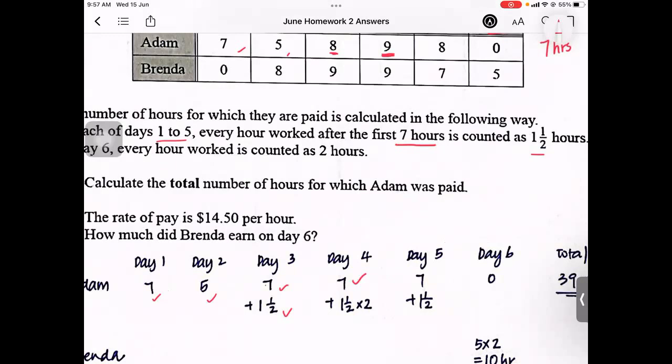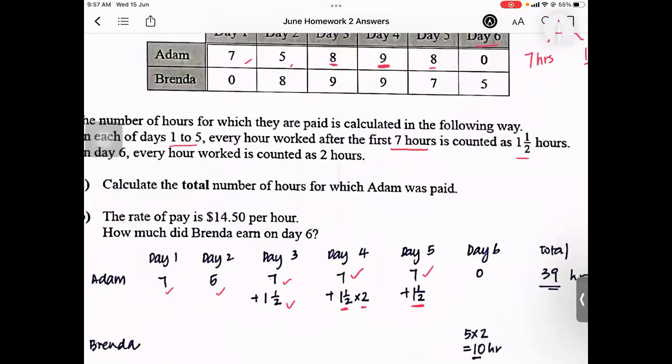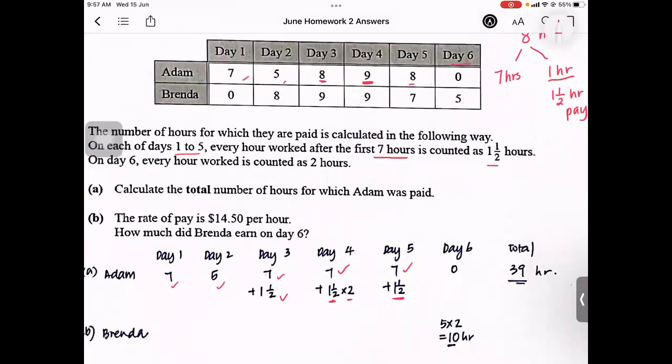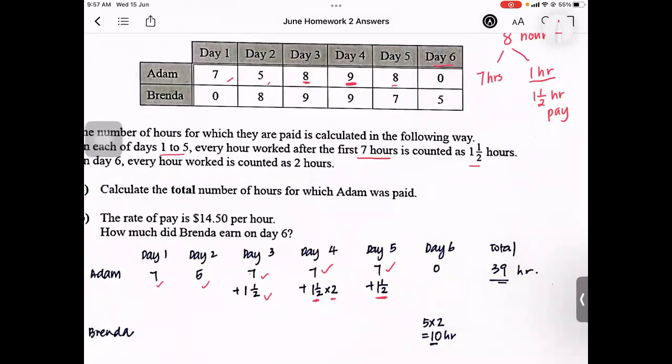Extra 2 hours is paid as a 1.5 rate. Next one, 8, same thing. The first 7 hours is the same. The extra 1 hour will be paid as a 1.5 rate. Then day 6, Adam did not work on day 6, so don't have. They ask the total number of hours that Adam was paid. Add up all the numbers over here, you get 29.